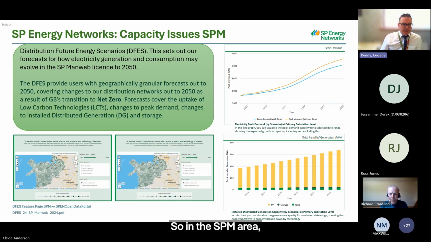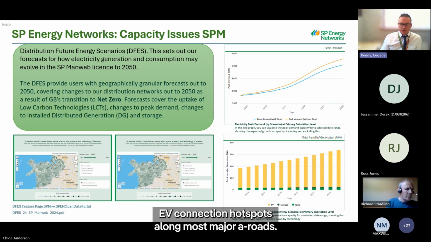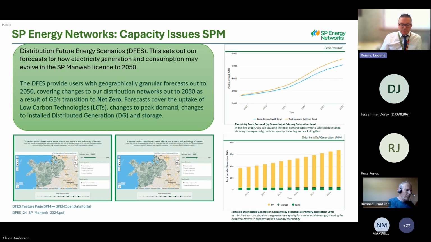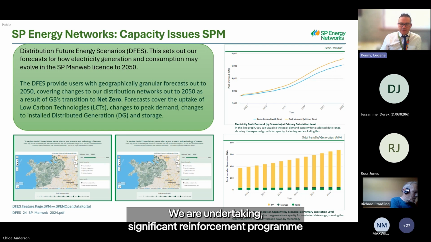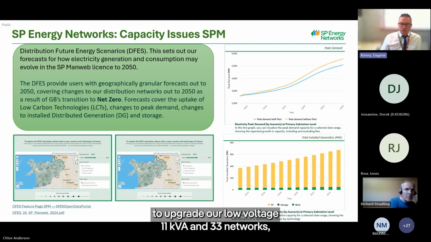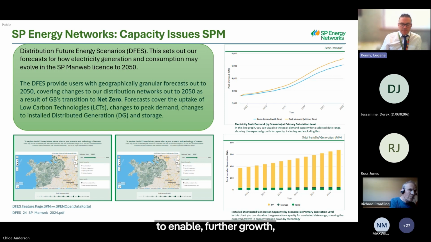In the SPM area, there are significant EV connection hotspots along most major A roads, and we are undertaking a significant reinforcement program to upgrade our low voltage, our 11 kV and 33 kV networks to enable further growth and transition to net zero.